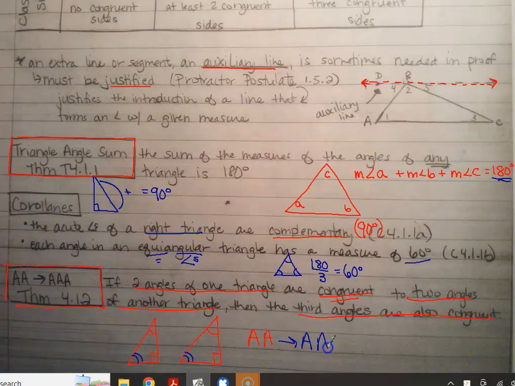So you know that all three angles, A stands for angles, are congruent. Both of those theorems we're going to use today in class, and in your homework. So if you know two angles are congruent in a triangle, then you know the third one is congruent. Okay, let's go to the back.